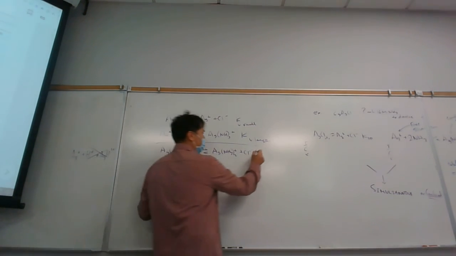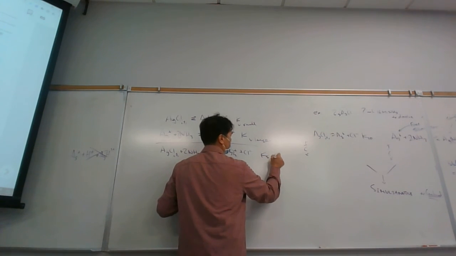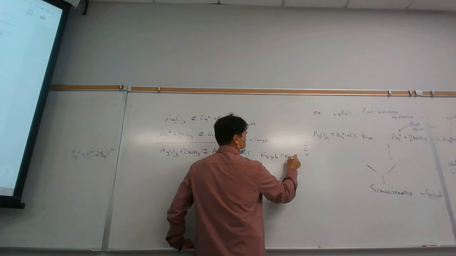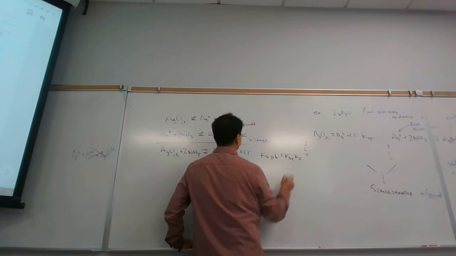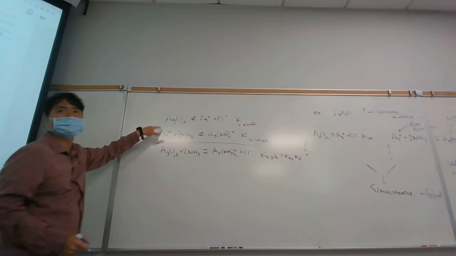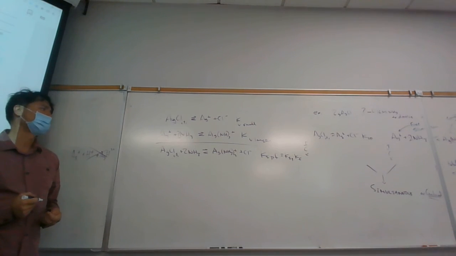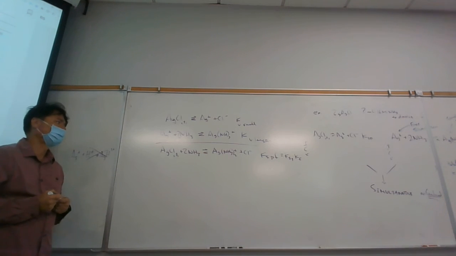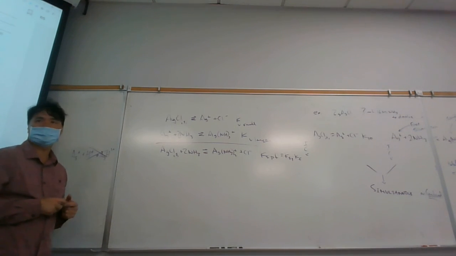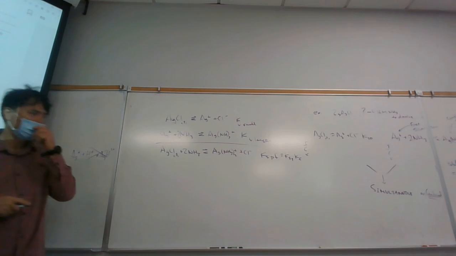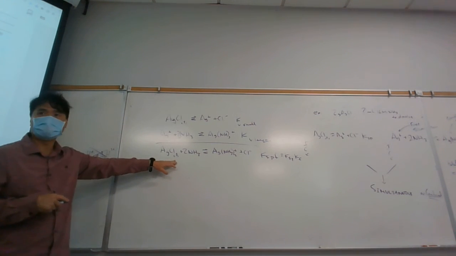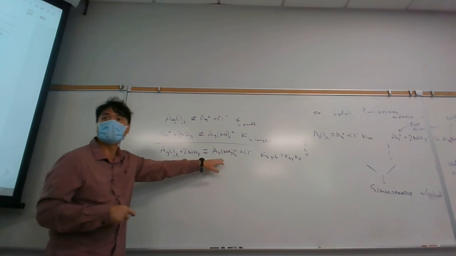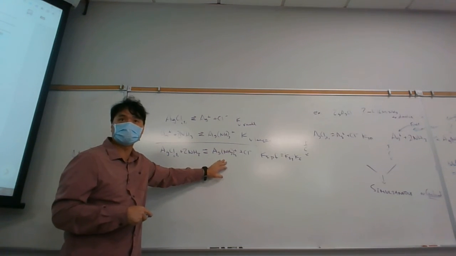And this is KSPF. KSPF is going to equal KSP times KF in this case. What's missing in the KSPF equation? What's missing is one silver species. We either have the solid silver chloride or the complex silver, but where's the free silver ion?